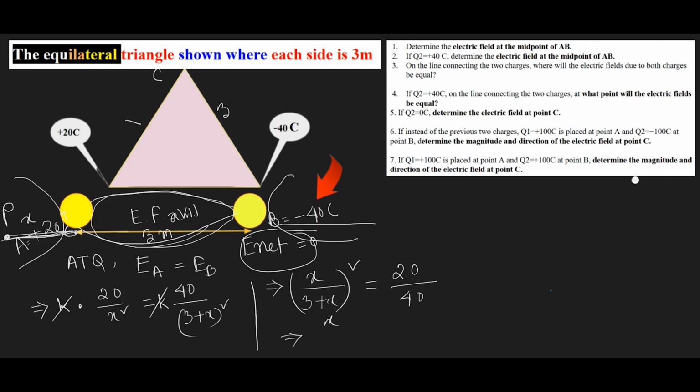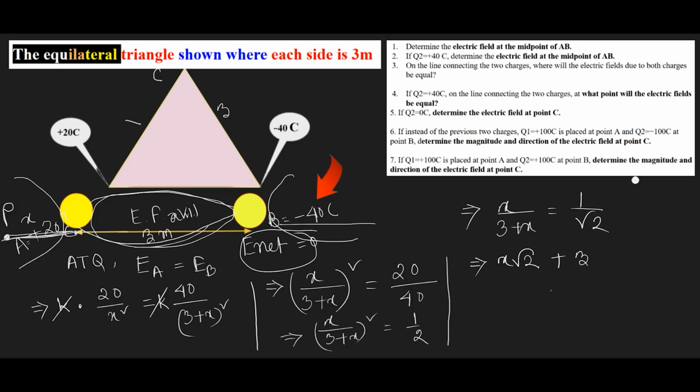So here we could write x over 3 plus x whole square equals half, or we could write x over 3 plus x equals 1 over root 2, or root 2 x equals 3 plus x.